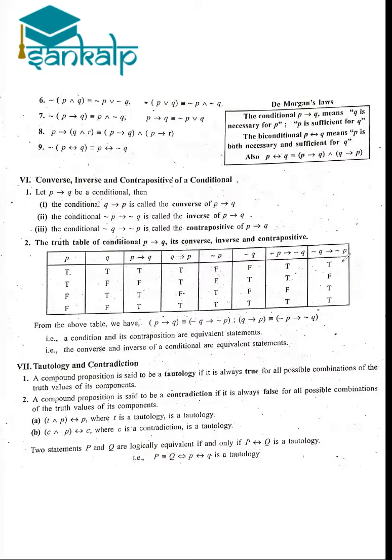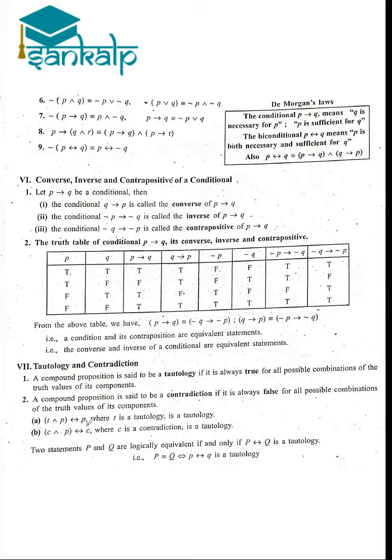If all the truth values in the last column are false, then it is a contradiction.